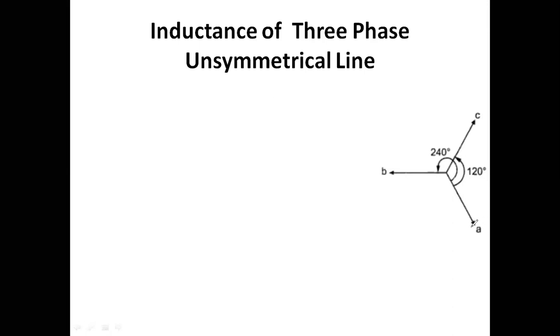So for lambda A, we are taking A phase as a reference, and C phase is displaced by an angle of 120 degrees in the anti-clockwise direction, and B at an angle of 240 degrees in the anti-clockwise direction.